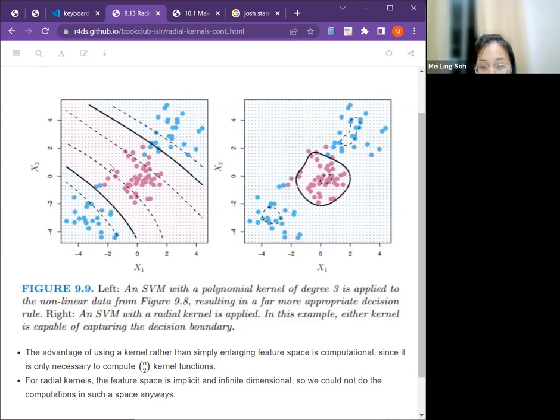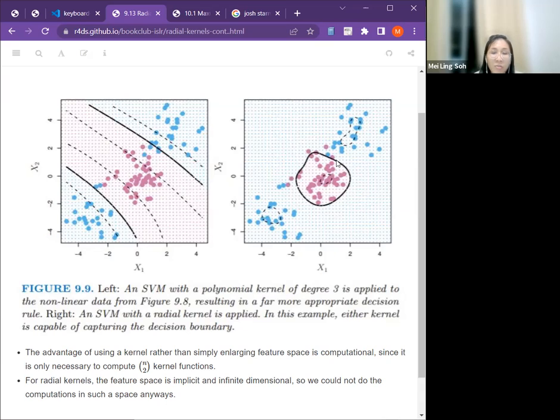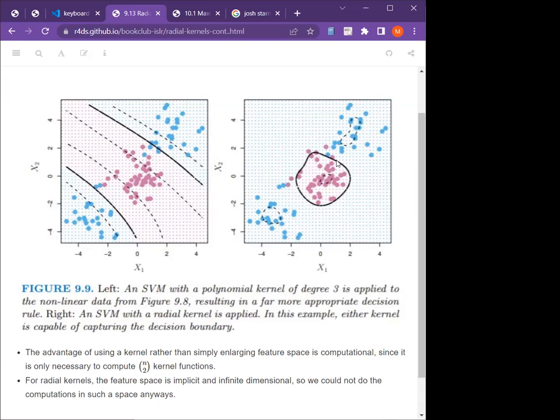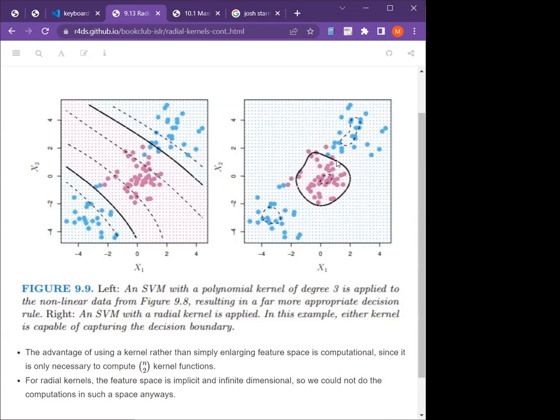Here, within the soft margins, you can see misclassifications. But how about the radial kernel?